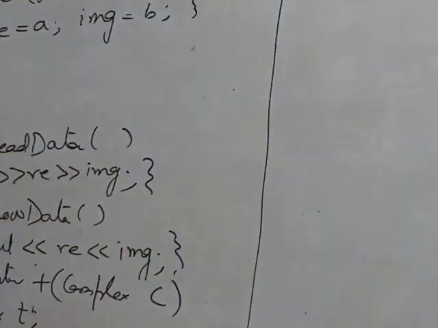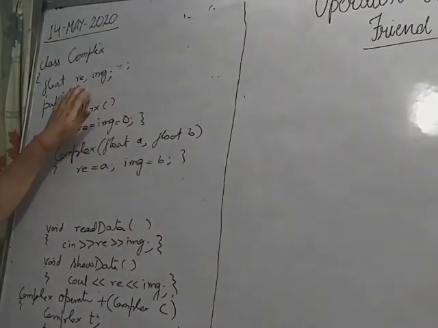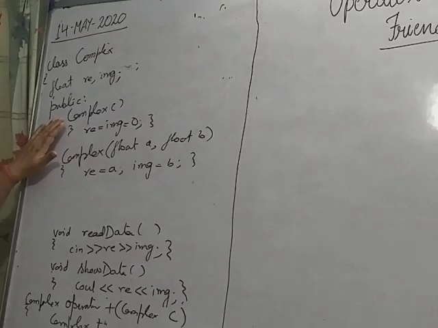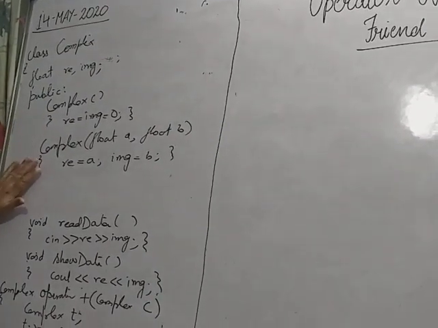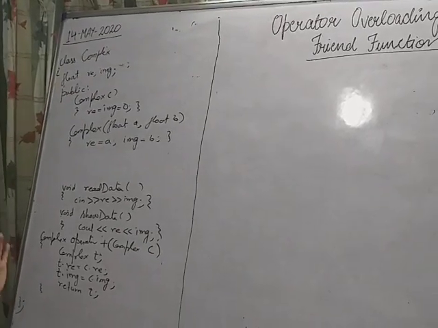Suppose I have written the complex class, which has data members real and imaginary, and there are two constructors, a no argument constructor and a two argument constructor, read data, show data, and the overloaded plus operator.